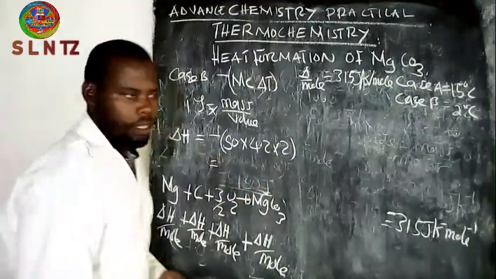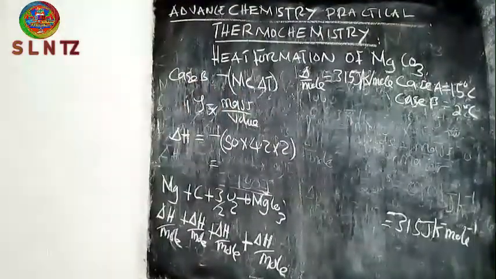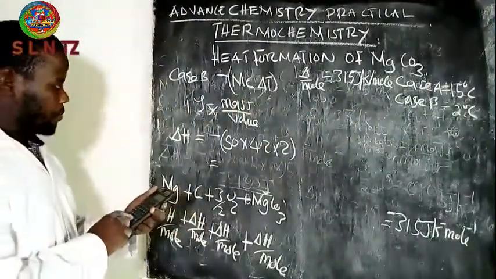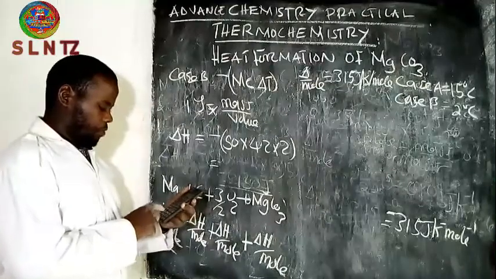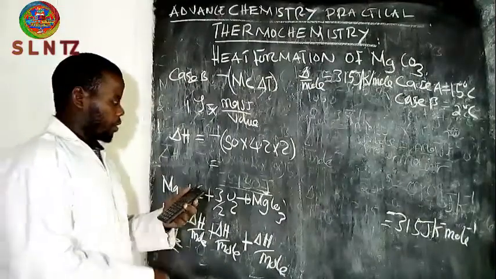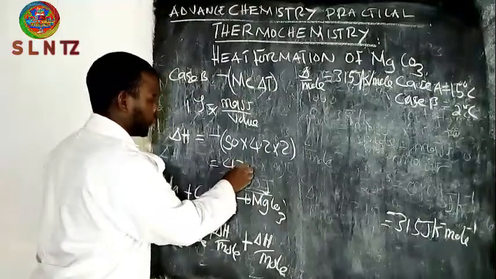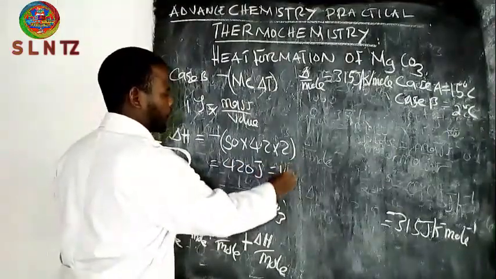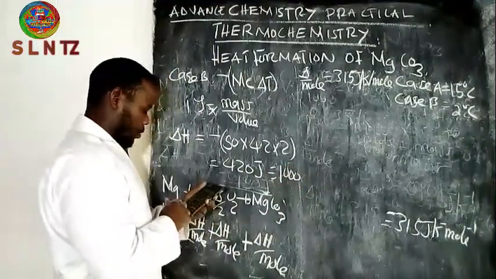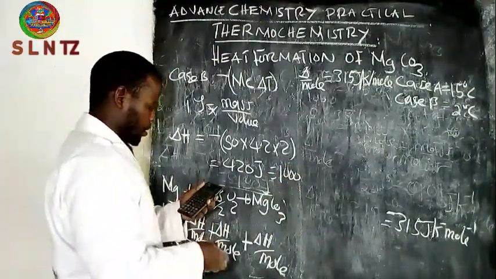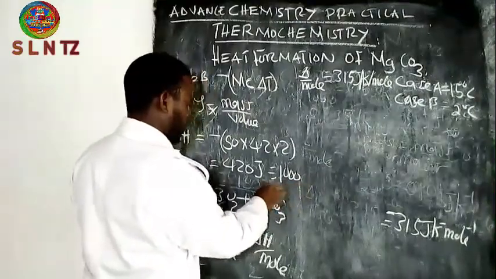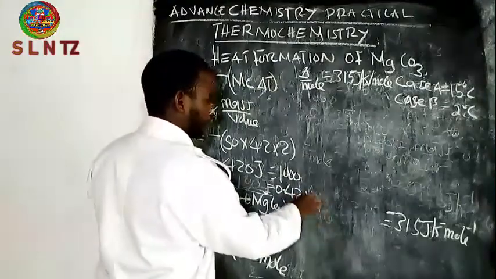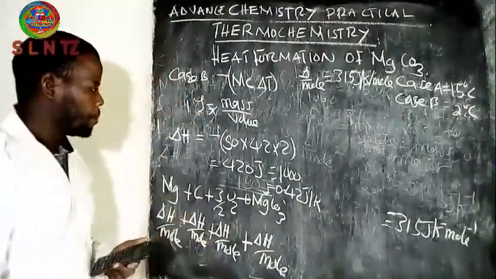The answer will be 420 joule. When you divide by thousand, the answer will be 0.42 kilojoule.